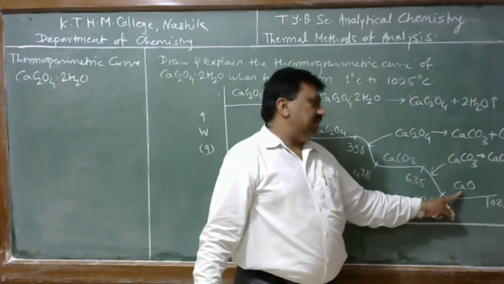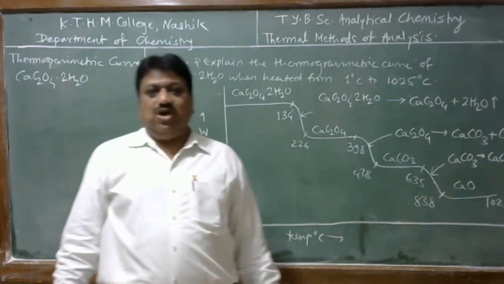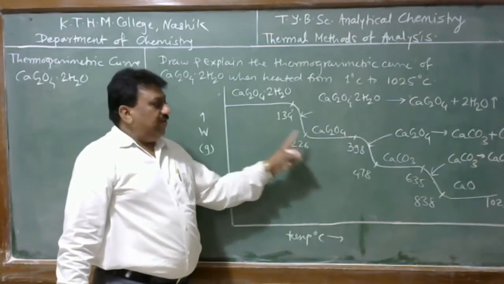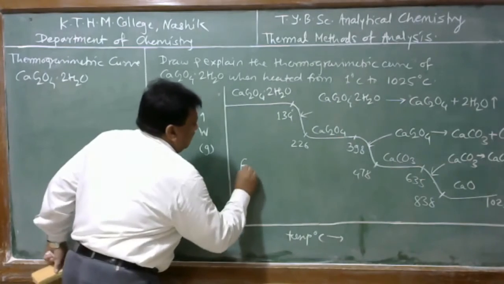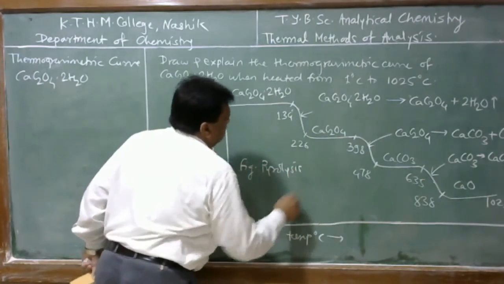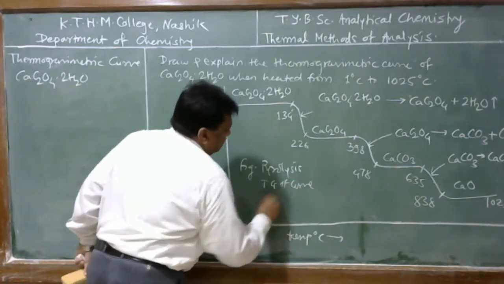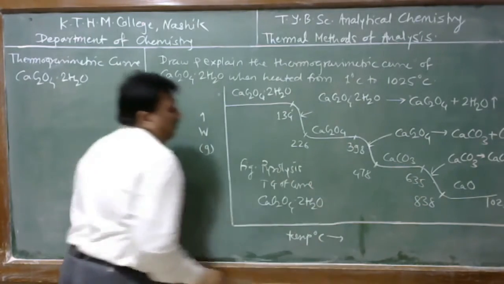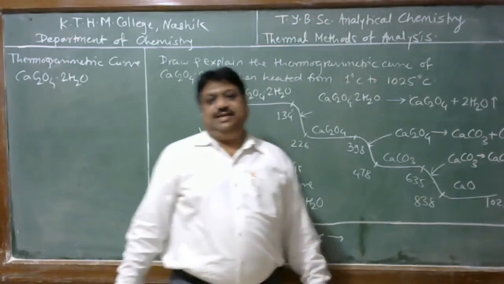And calcium oxide is stable at any temperature that is more than 1000 degrees centigrade. That means thermal stability we can obtain from this pyrolysis curve. This is a figure of a pyrolysis curve or thermogravimetric curve of calcium oxalate dihydrate when heated from 1 degree to 1025 degrees centigrade.